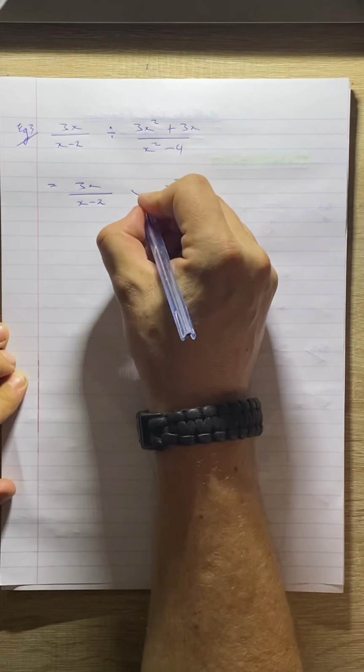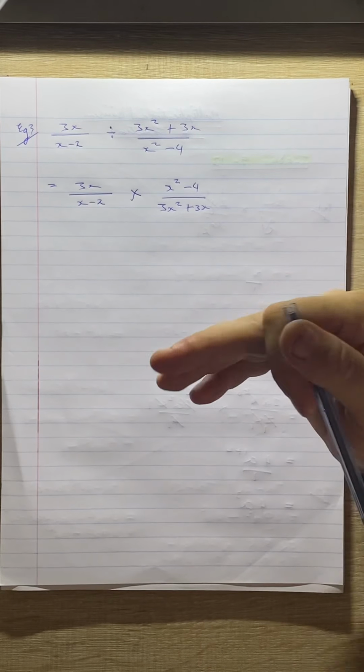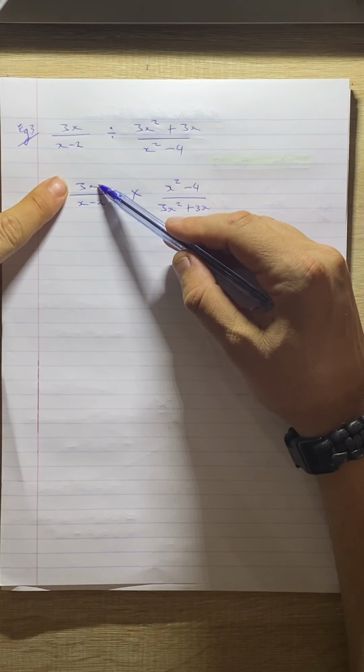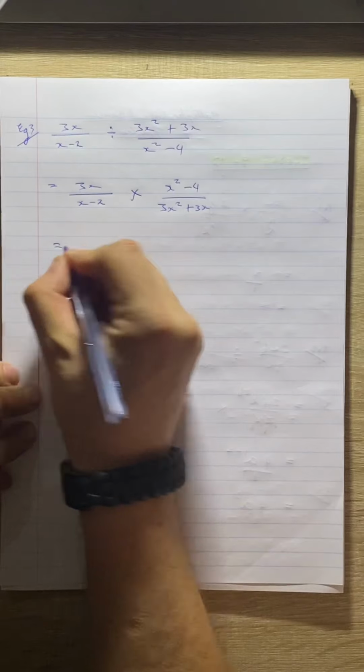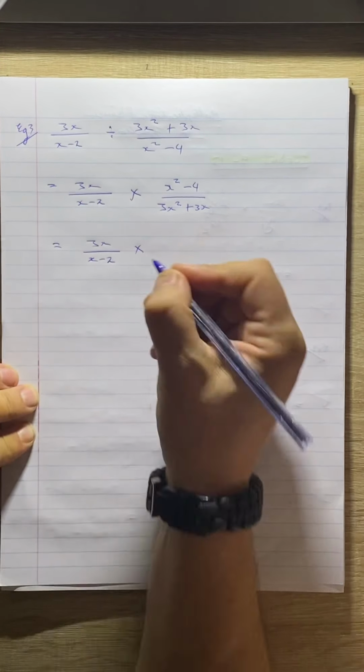And this changes to a times. Now what I'm going to look for is things that I can factorize. And remember, we treat numerator and denominator separately. So 3x, I can't really factorize that. X minus 2, can't. So this one will stay 3x over x minus 2 multiplied by.